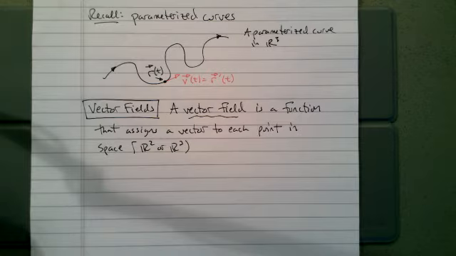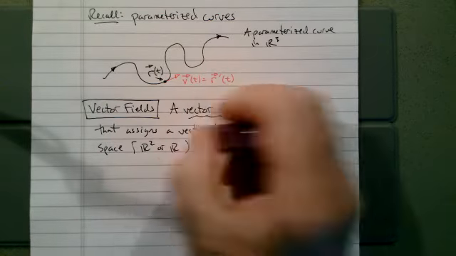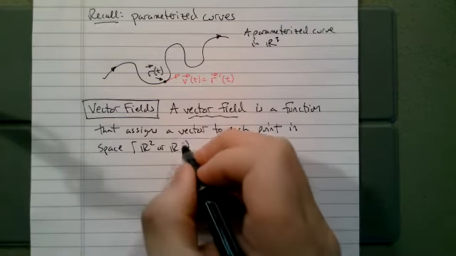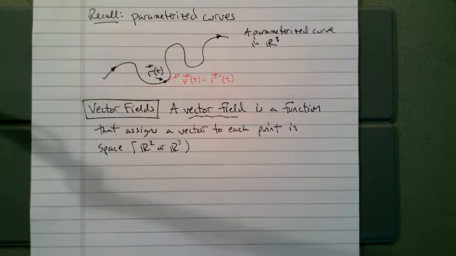We're going to start by looking at R2 or R3. But to each point in space, the vector field assigns a vector. So let's look at an example of a vector field, what it would look like.